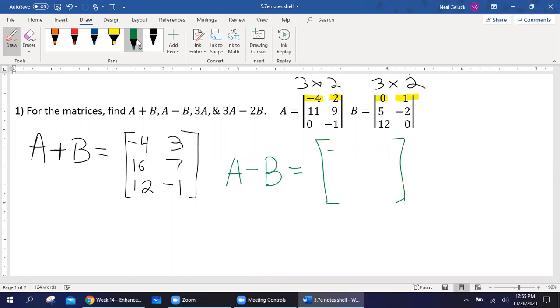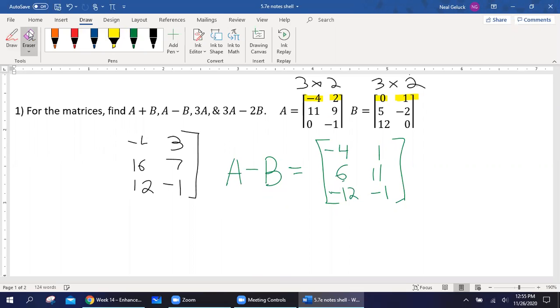So -4 minus 0, 2 minus 1, 11 minus 5, 9 minus -2, so that's going to be 9 plus 2, 0 minus 12, -12, and -1 minus 0. And there we go. So nothing crazy there.